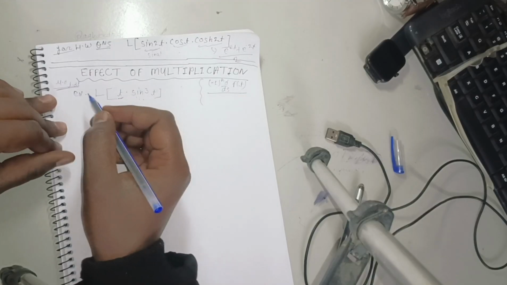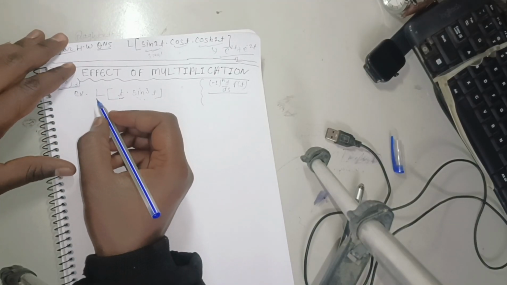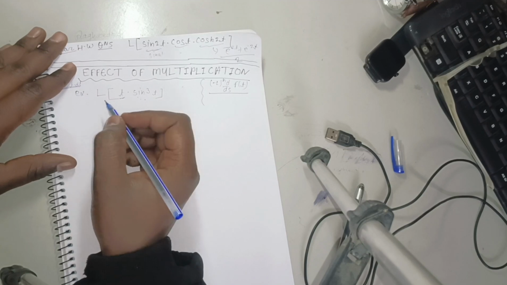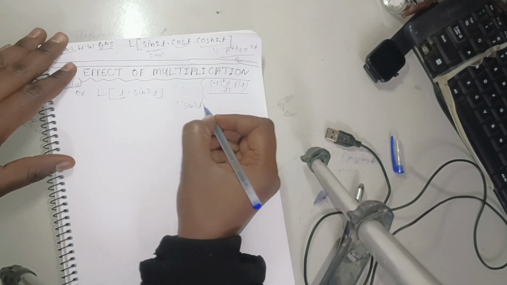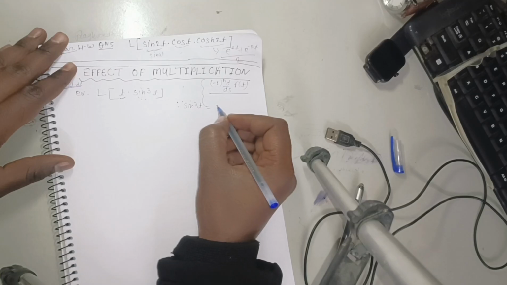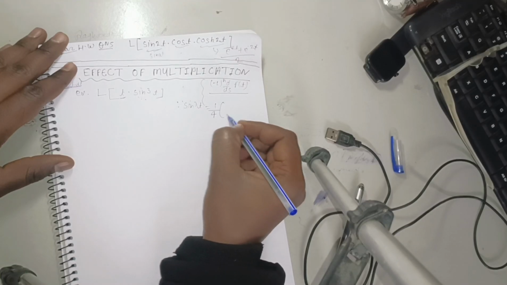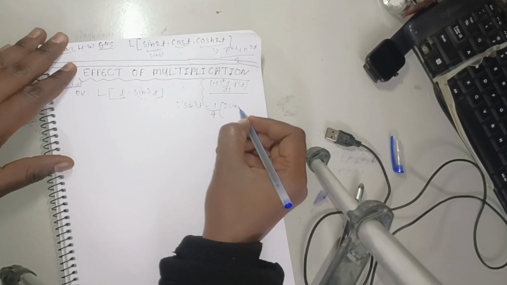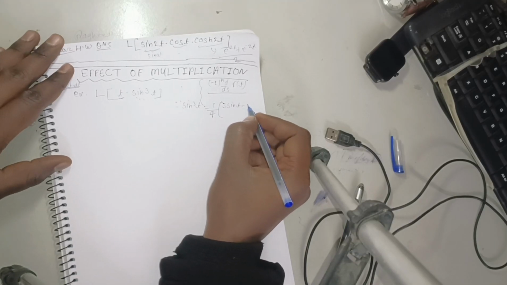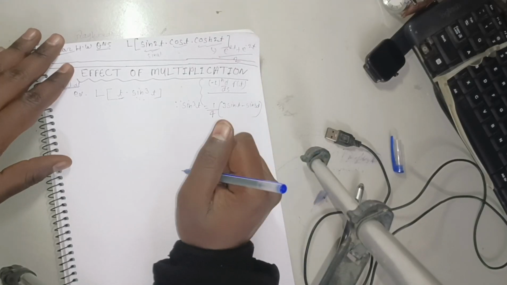Let me discuss it. First of all, we know the formula of sine cube t. What is the formula of sine cube t? It is 1/4 into 3 sine t minus sine 3t.